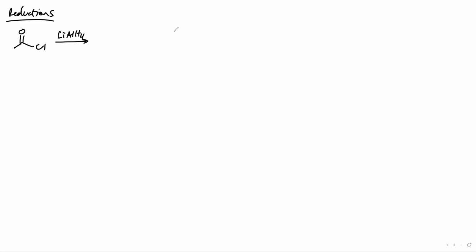Okay, so let's understand how the lithium aluminum hydride reaction works. Now, if you remember back to ketones and aldehydes, it was essentially very simple. The lithium aluminum hydride just attacked the carbonyl. And the same thing's going to happen here. Hydride is just going to attack the carbonyl. You might remember with the carboxylic acid, the first thing we did was attack this proton here. Well, that proton no longer exists in the acyl halide, so we don't have to worry about that anymore. We can go straight to the carbonyl here.